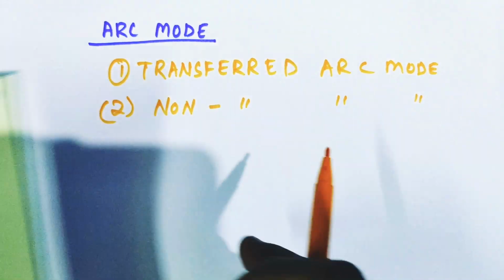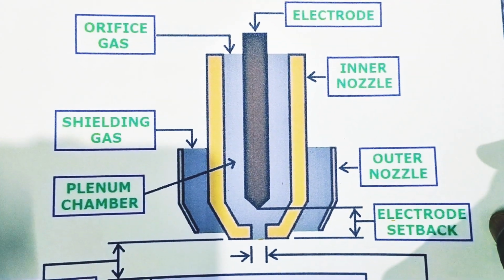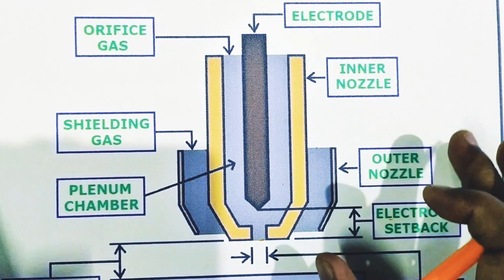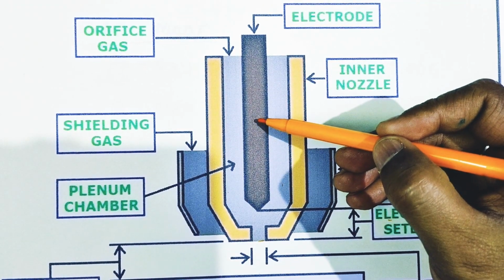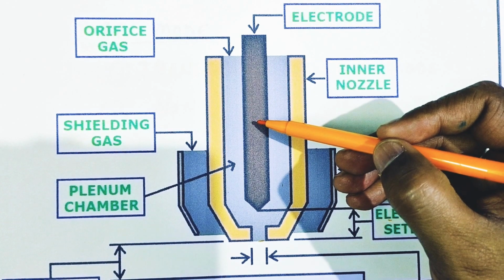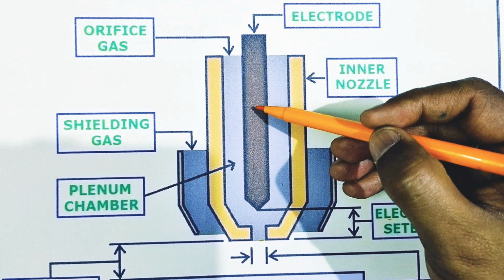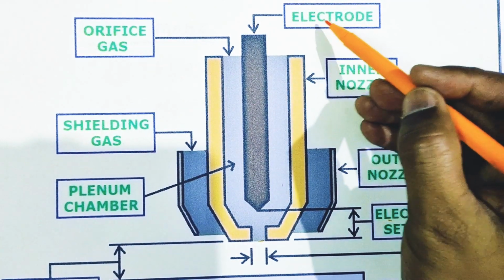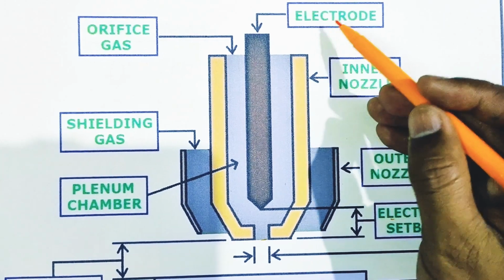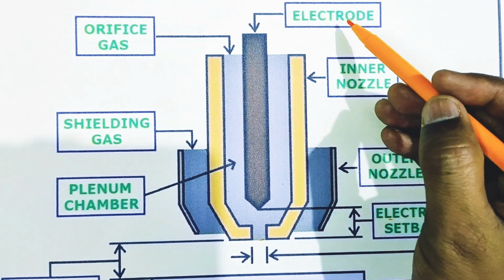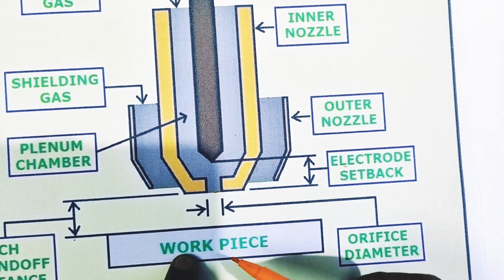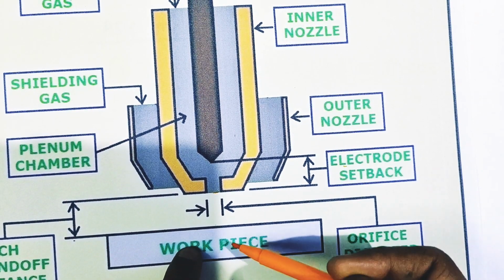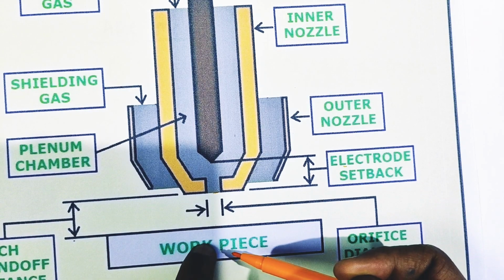So what is the difference between transferred arc mode and non-transferred arc mode? To explain the difference, I will show you the torch diagram once again. See, in transferred arc mode, one terminal of the power source, preferably the negative terminal, is connected with the electrode, and the positive terminal is connected with the workpiece. Hence, the workpiece becomes a part of the electric circuit.